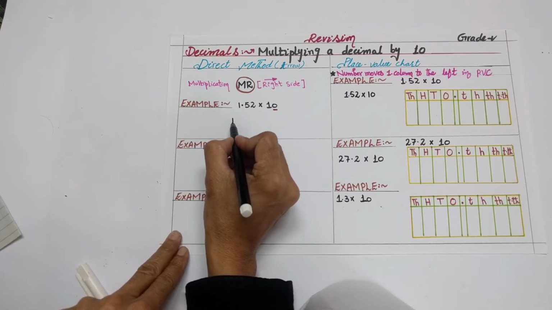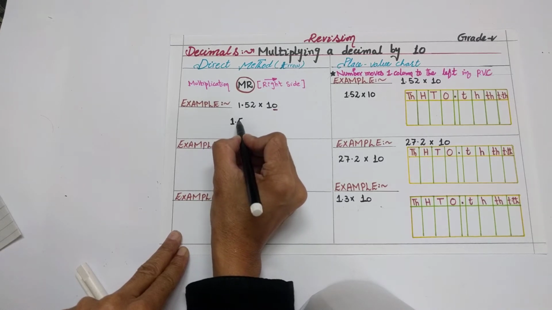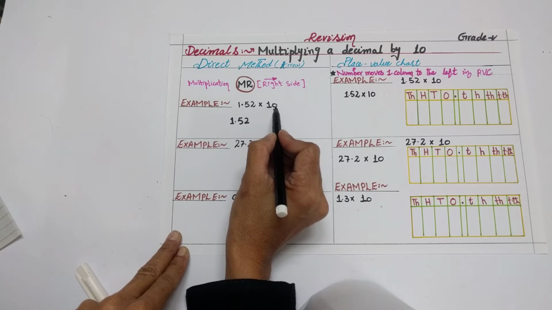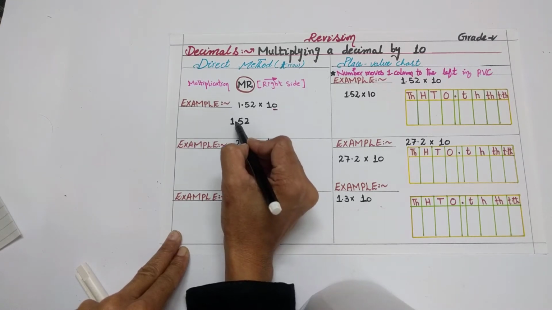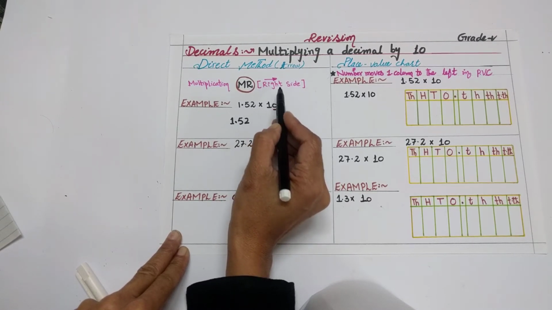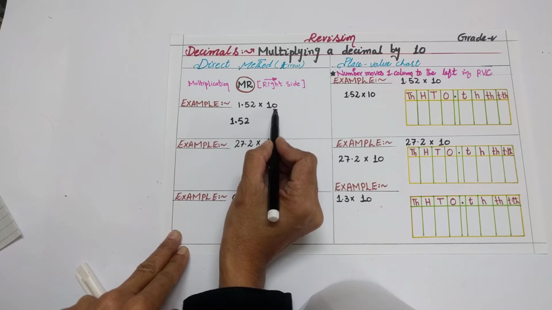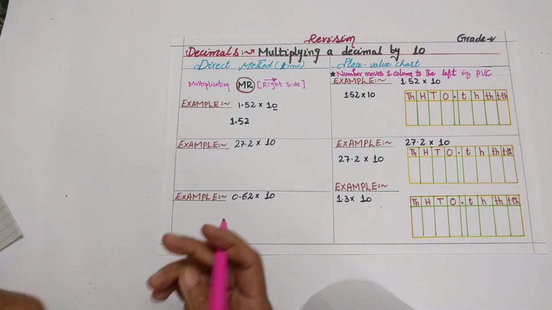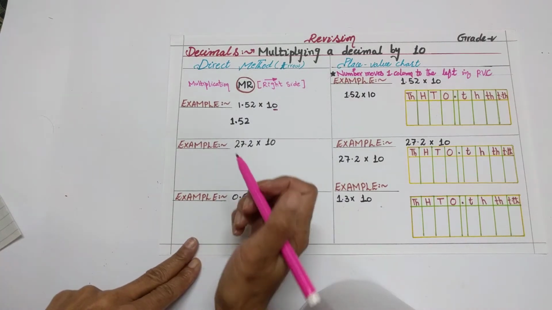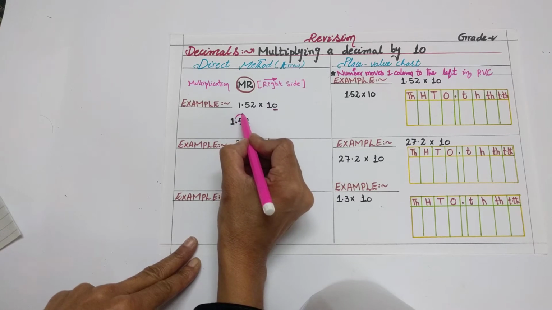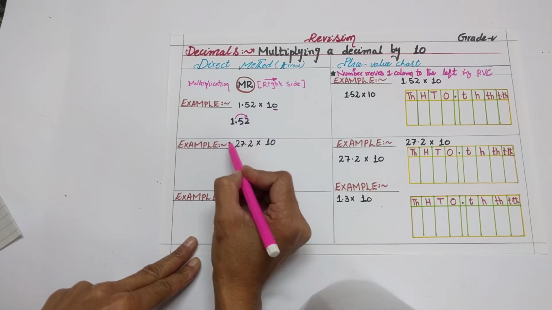Look here, the decimal number is 1.52. As I have one zero in the multiplier, I will shift the decimal to the right side by only one place, just because of this one zero.